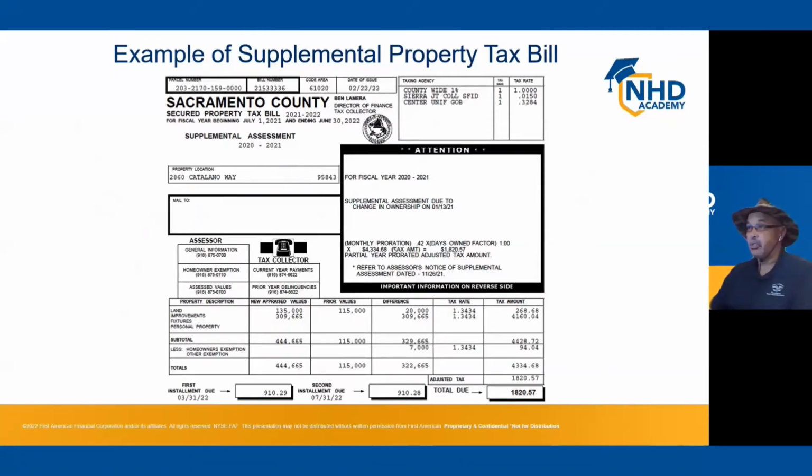It shows the proration formula here. Also has the new assessed values as well as the prior assessed values. This was most likely new development as it does not have an improved value for the prior year. And there's the tax rate and the supplemental tax amounts.